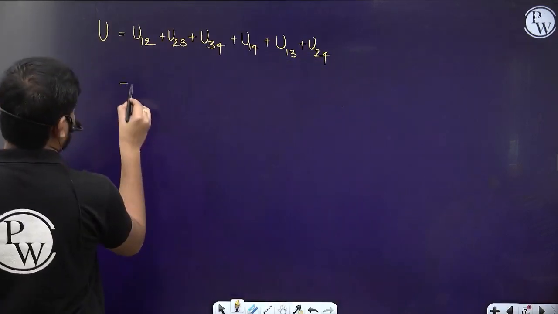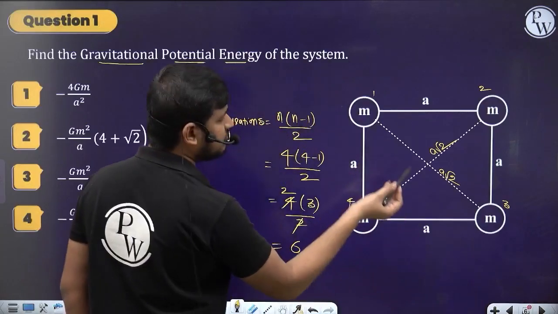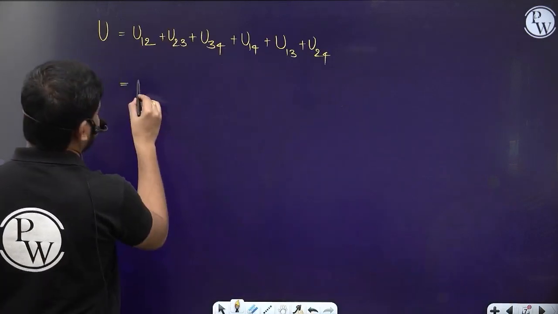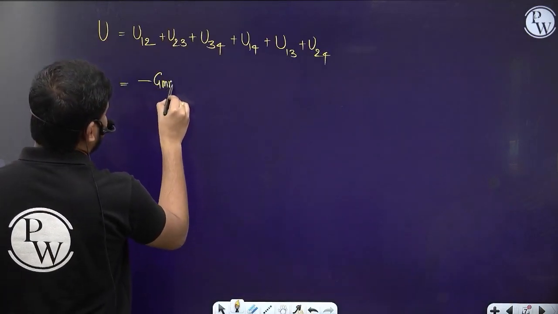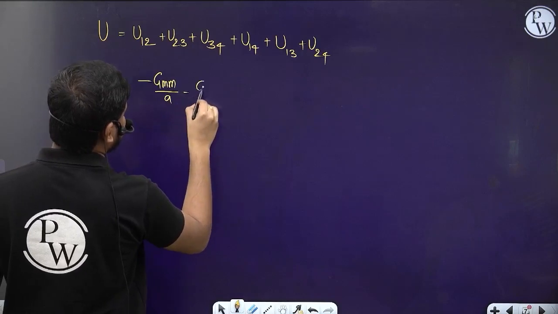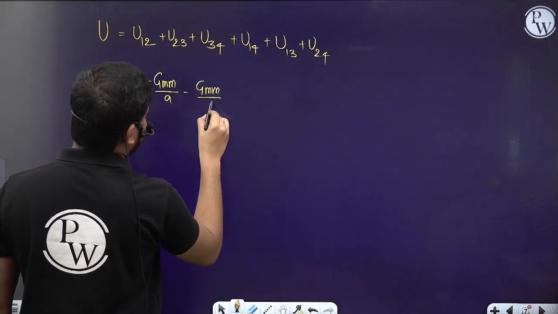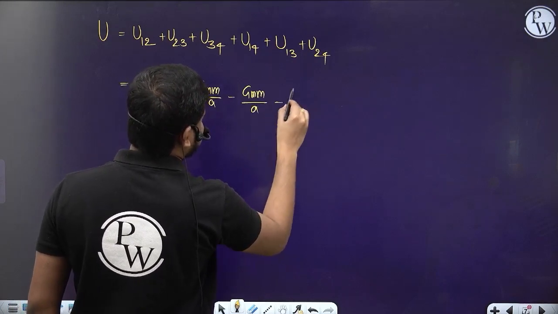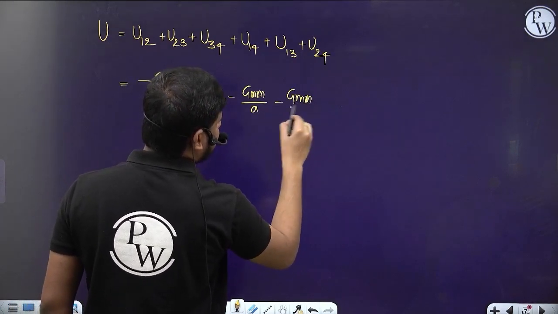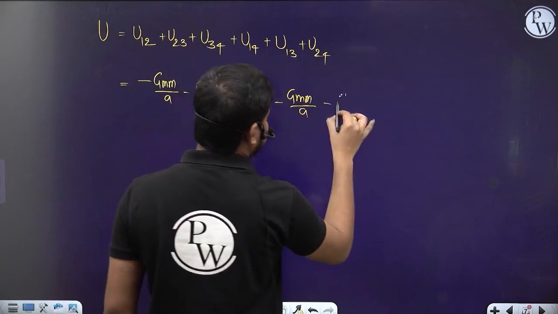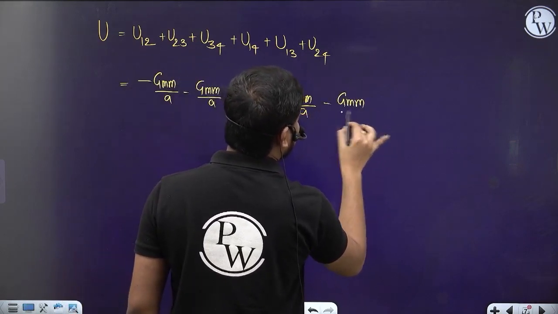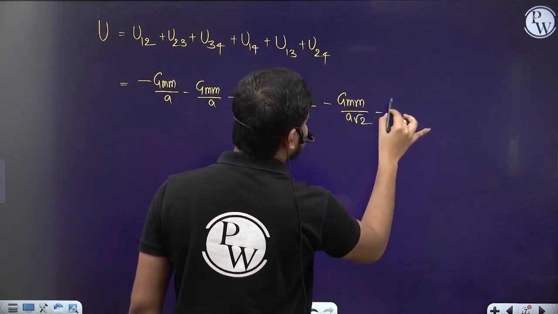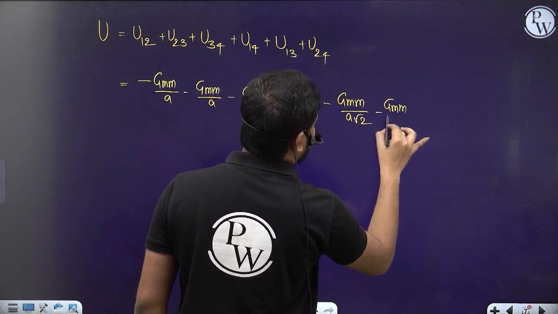For the first one, all the masses are m only, so I can simply write minus GMM by A. Next one also minus GMM by A, next one also minus GMM by A, next one also minus GMM by A. And the next one minus GMM by A root 2, and then minus GMM by A root 2.